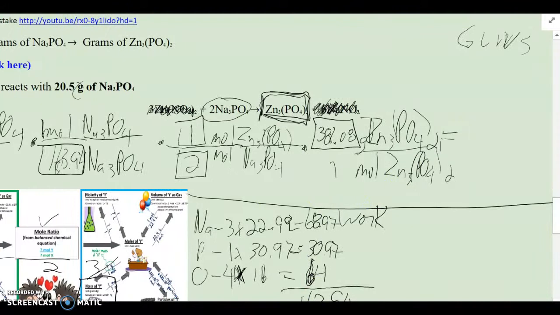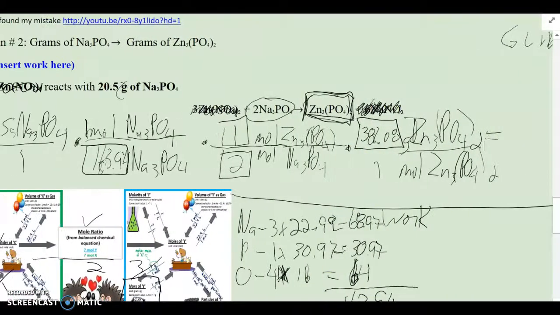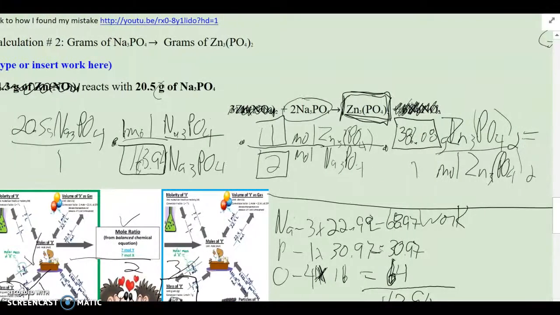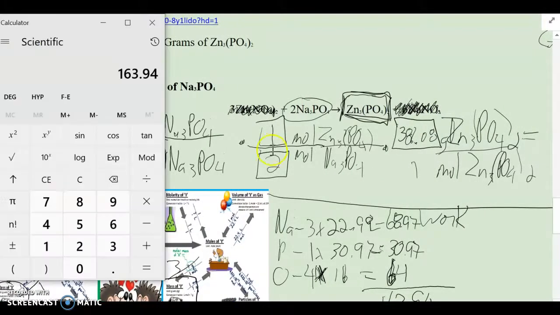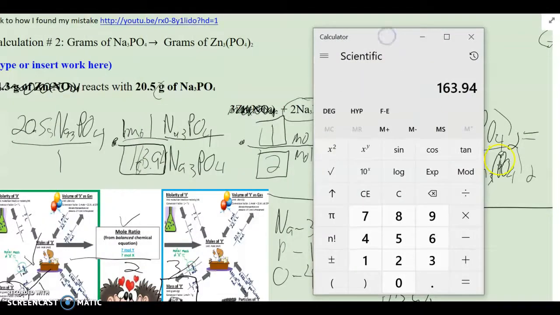All right. So, just got to plug all of this in. So, on my top, I'm going to have 20.5. I'm going to put this number in first. 20.5 times 1 times 1.